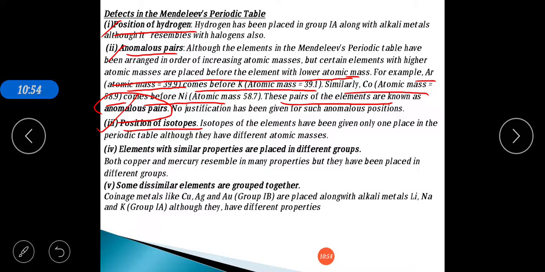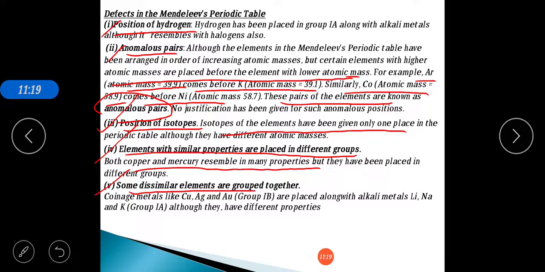Position of isotopes. Isotopes of the elements have been given only one place in the periodic table, although they have different atomic masses. Elements with similar properties are placed in different groups. Both copper and mercury resemble in many properties, but they have been placed in different groups.